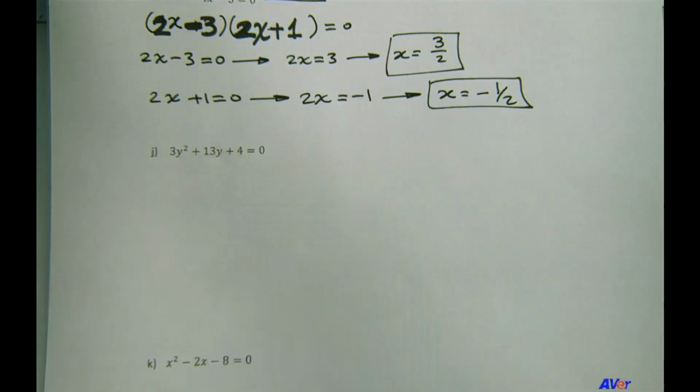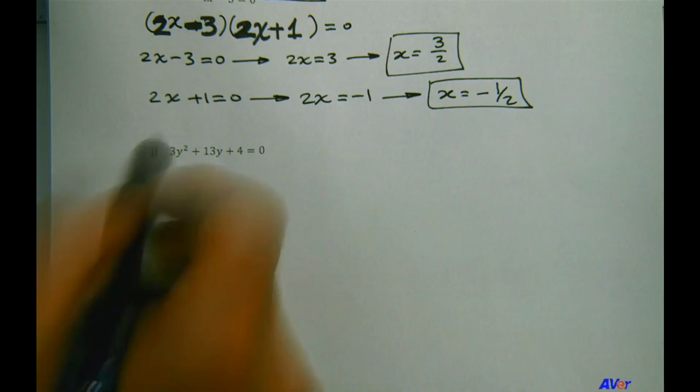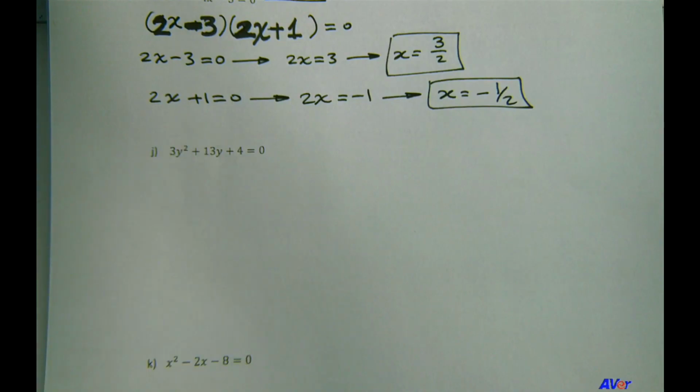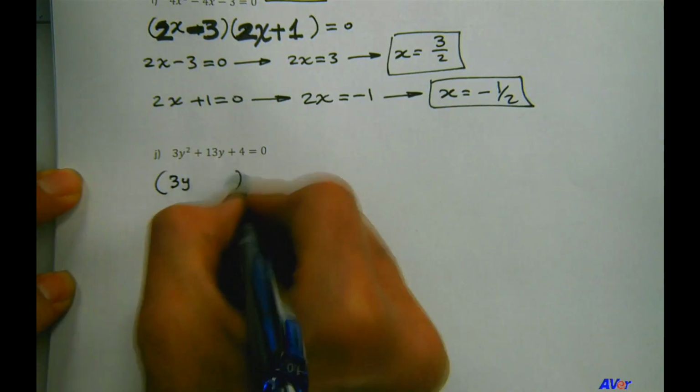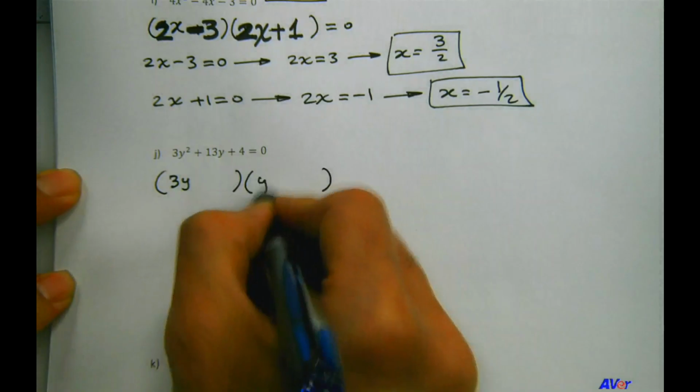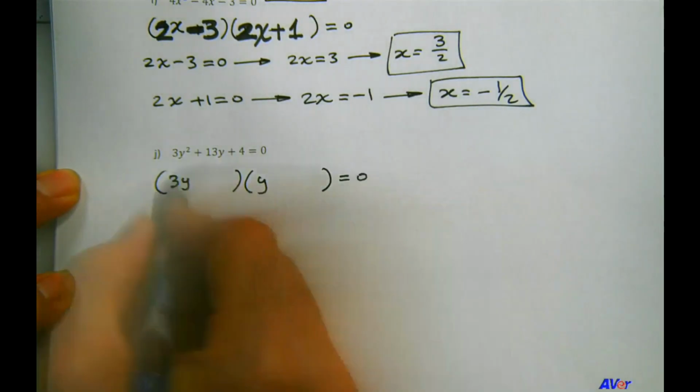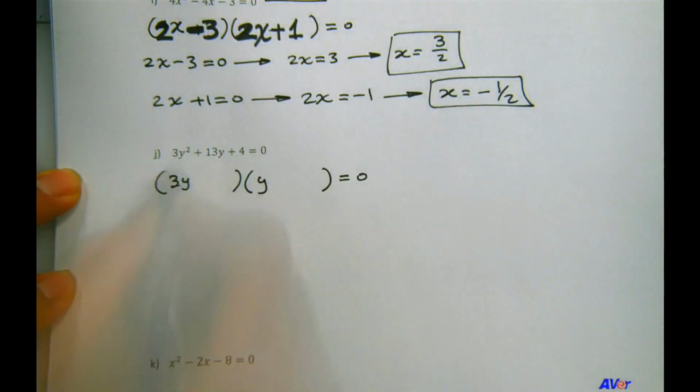Let's see, how can we factor this? 3y and y will give us the 3y squared. So 3y times y is going to give us 3y squared.